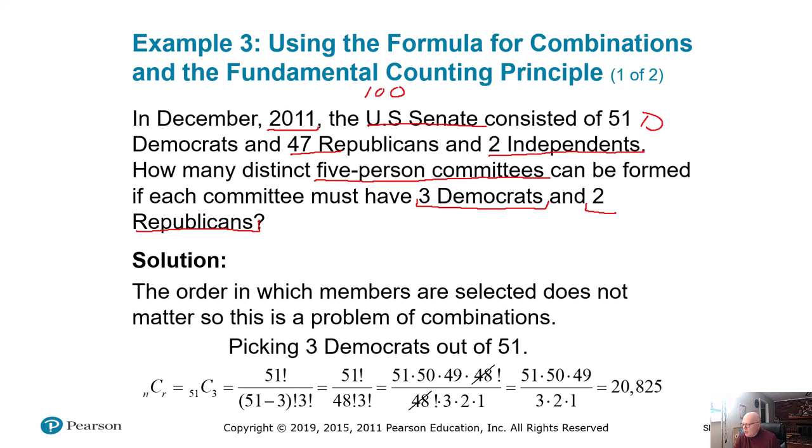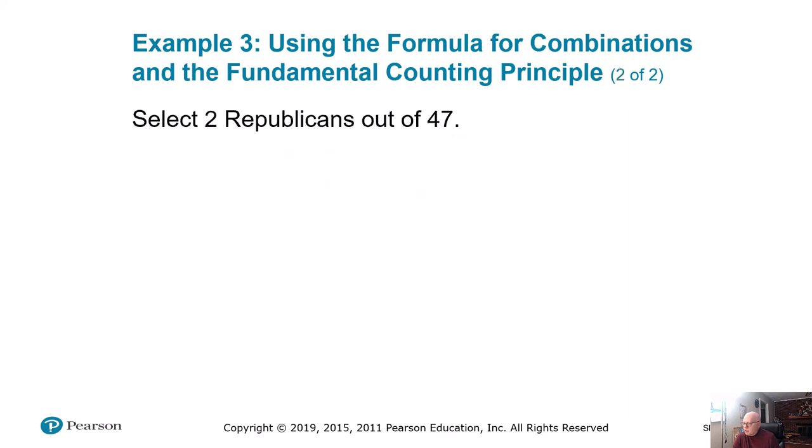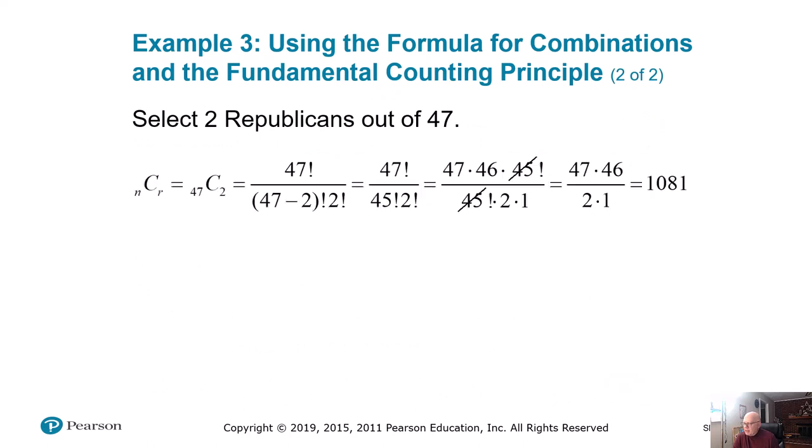And you'll notice over here, almost 20,000 ways of choosing the Democrats. Now we have to get some Republicans in here. We've got 2 Republicans to pick out of 47. Again, combination, because they're on the committee or they're not on the committee. In 1,081 ways we can do that.